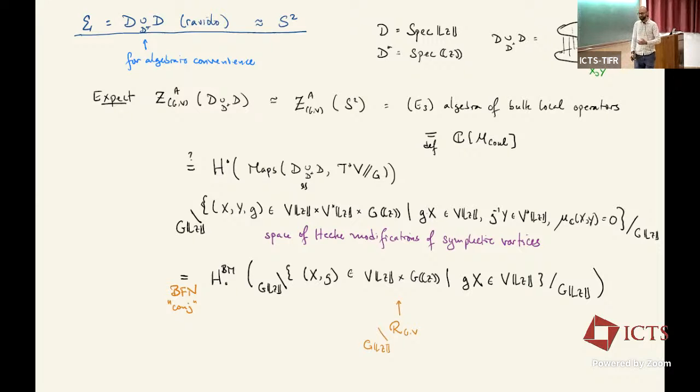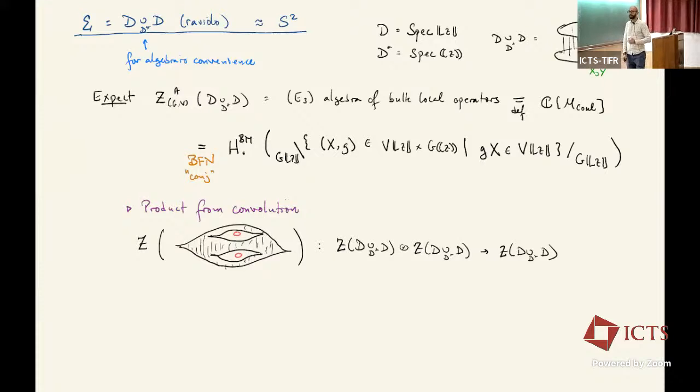And moreover, there's a natural product on this. Many slides ago, when I was writing like 15 different things that a 3D TQFT does for you, I mentioned Z of S2 is an algebra, and the algebra comes from a 3D pair of pants, the algebra structure. So in this sort of partially holomorphic setting with ravioli, a 3D pair of pants is a super raviolo.